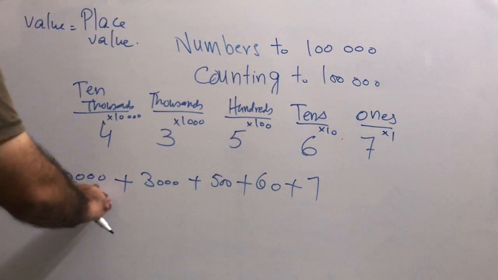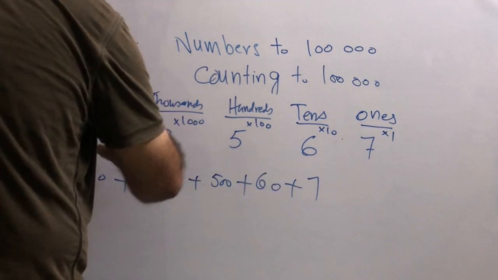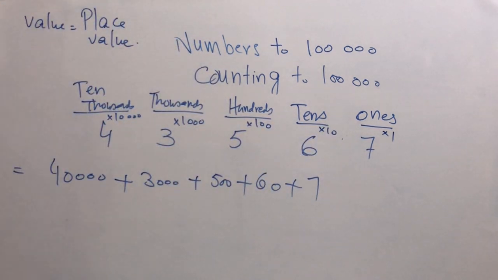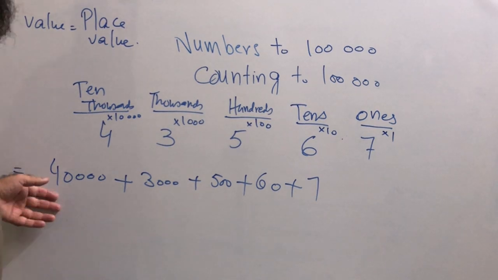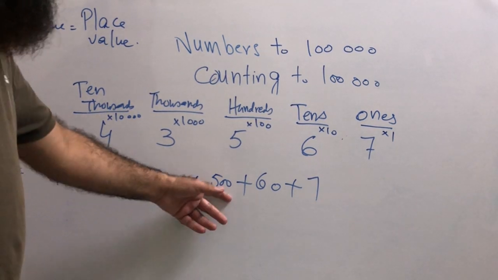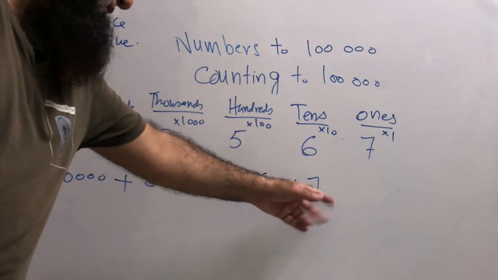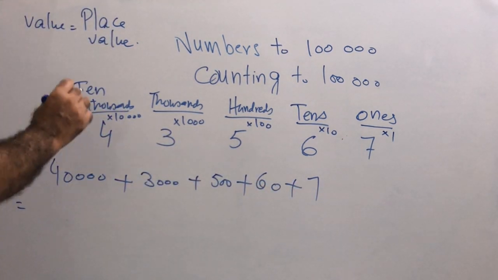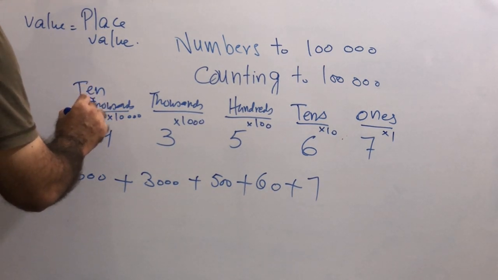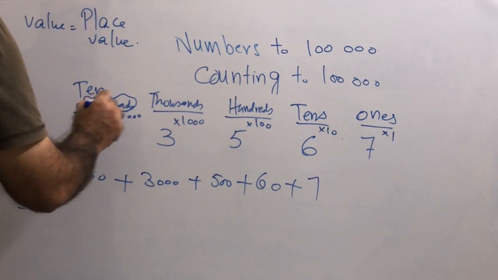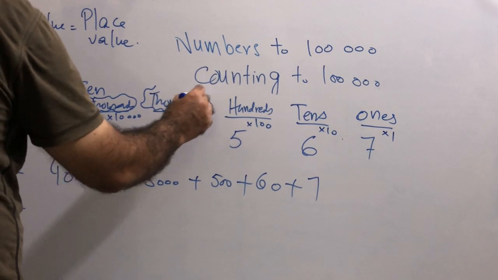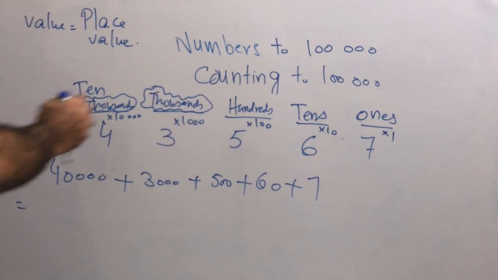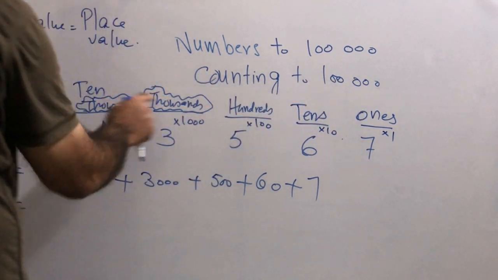If you add all these numbers, you will get the same number. Okay. So here we have 40,000, 3,000, 500, 60 and 7. You can do another thing: here it is thousands, here it is thousands, these are the same.